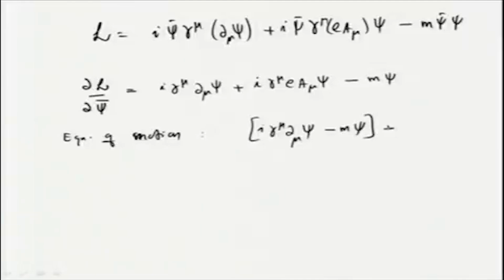Then there is an additional term, plus i gamma mu e A mu psi, equal to 0. So, to interpret everything correctly, this looks like an interaction term.